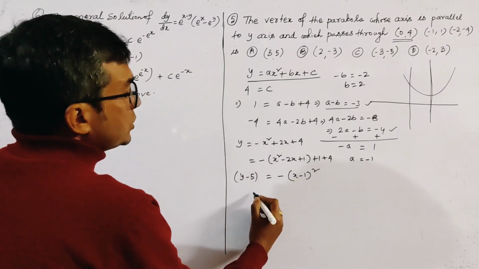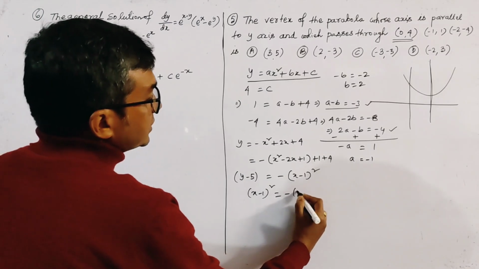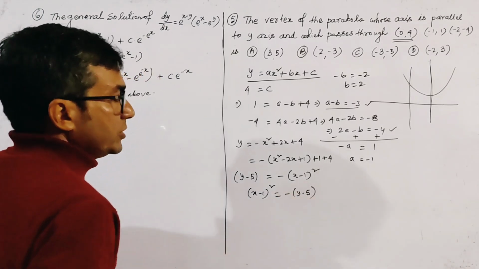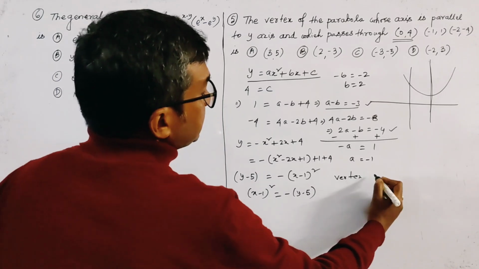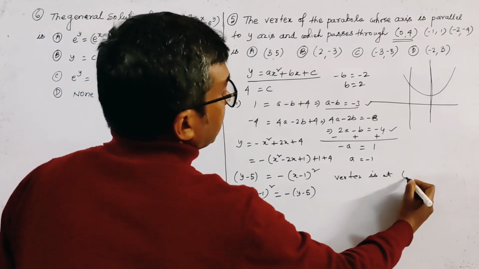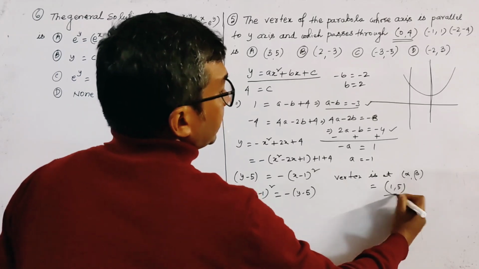The equation of the parabola is (x minus 1) whole square equals minus (y minus 5), right? So the vertex is at (alpha, beta), which is given by (1, 5).